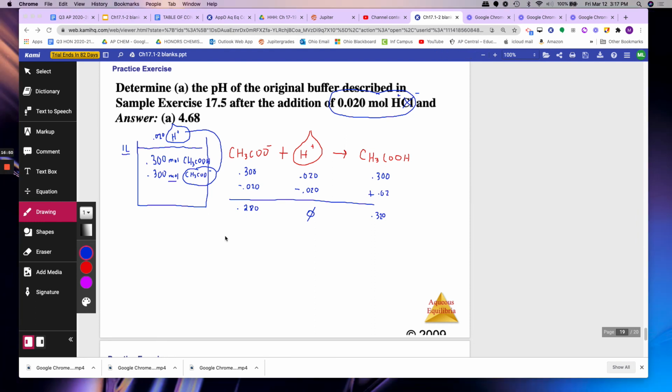Okay, it's right. So Henderson-Hasselbalch, pH is equal to pKa plus log of base over acid. pKa is 4.74, same buffer, plus log of base is 0.280 molar, acid is 0.320.